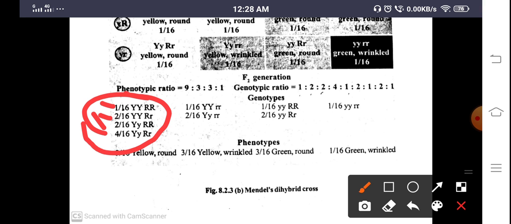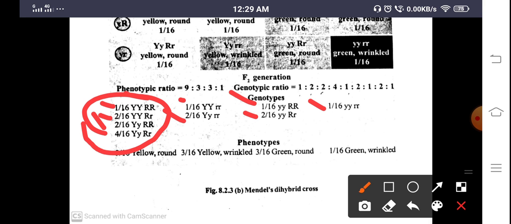Next here yellow wrinkled, yellow wrinkled. Next here green round, green round. Here green wrinkled, green wrinkled, one.